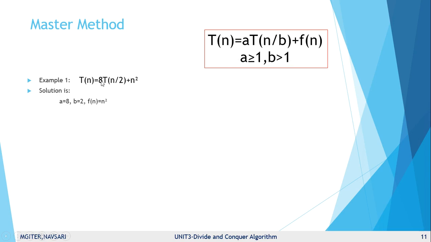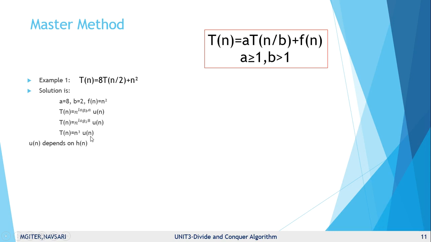That is a T(n/b) + n square, where n square is f(n). Now the solution is T(n) = n power log base b of a into U(n). Now log base 2 of 8 gives 3, so it is n raised to 3, that is n cube, into U(n).